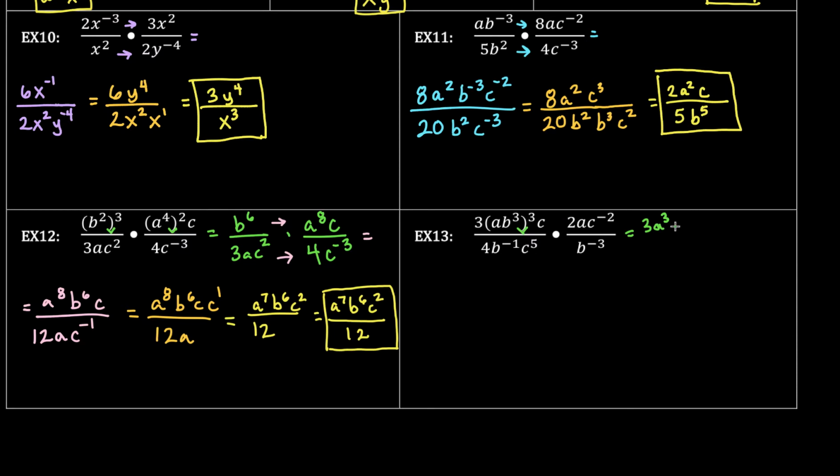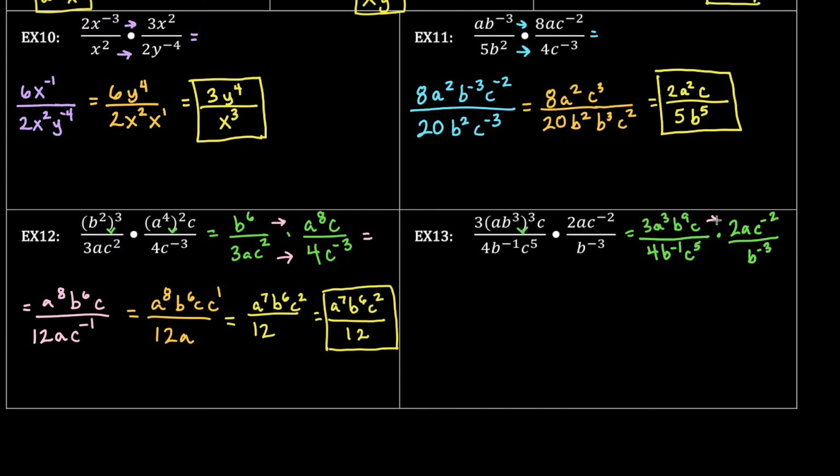So 3 times 3 is 9. And I end up with C over 4B to the negative 1st, C to the 5th, times 2AC to the negative 2nd, over B to the negative 3rd.